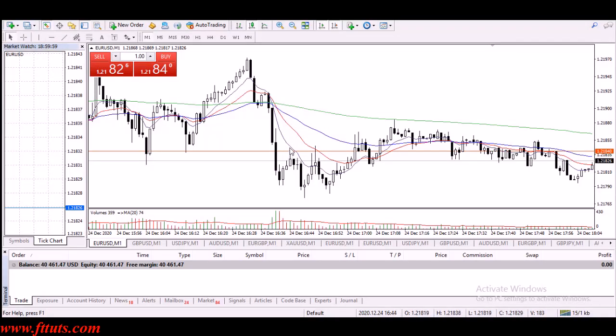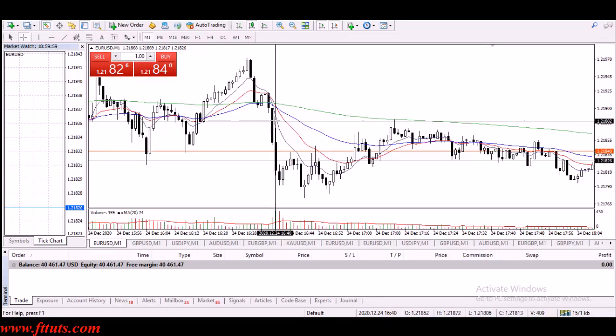So how do EMAs work? First, EMA 9: it is an exponential moving average applied to 9 periods, to the most recent 9 periods. So let's say EMA 9 here, at this candle. Why is EMA 9 here?